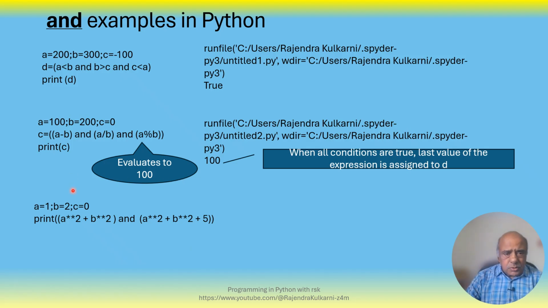And when both the mathematical expressions within the print statement evaluate to a non-zero value, this and will also evaluate to true.